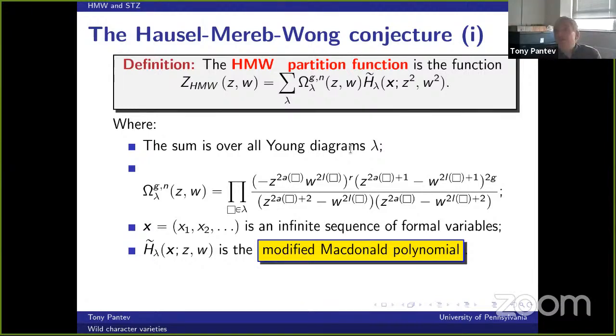In principle, even in the unramified case, you should be able to actually write down a formula for arbitrary groups by following what Hausel and Rodriguez-Villegas did. You take this formula, you go to a finite field. Now you're dealing with representations of a Chevalley group.